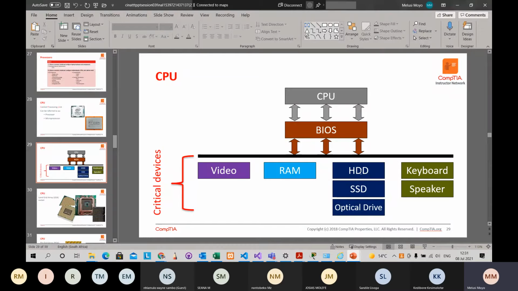And then the HDD, this is the hard drive where you permanently store your information, right? We said an HDD is a non-volatile storage device, which means that when you switch off your computer, it retains the information that was stored on your hard drive. The USB is also a non-volatile device.